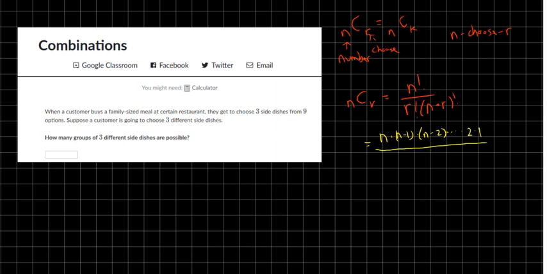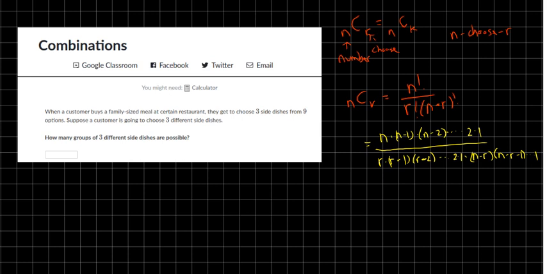Okay, and our r factorial is r times r minus 1 times r minus 2 all the way down to 2 times 1. And then we're going to have n minus r factorial, so it'll be n minus r, times, I'm sorry, there's no factorial there, n minus r, n minus r minus 1, and then we're going to go all the way down to 1.